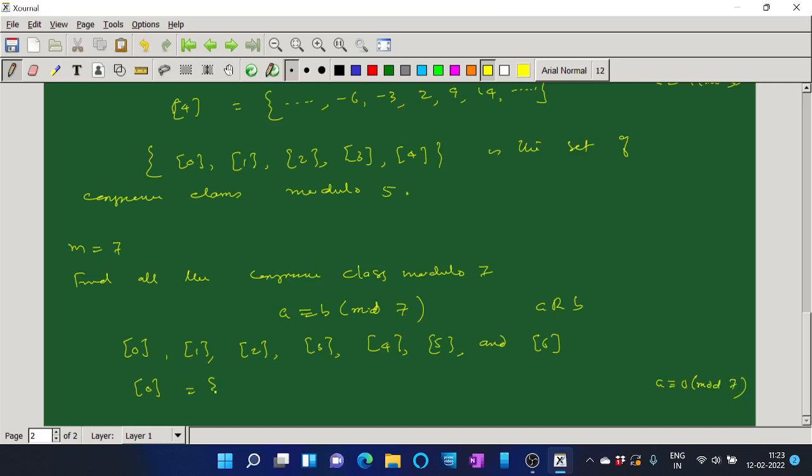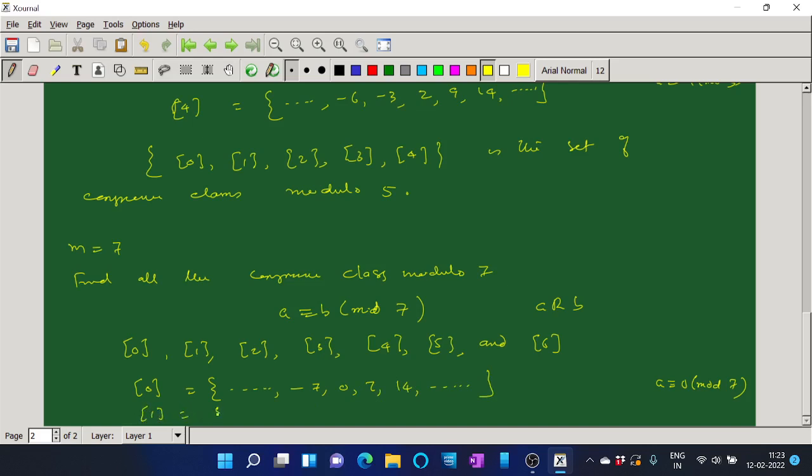So [0] consists of all the integers like minus 7, 0, 7, 14, etc., which are multiples of 7.